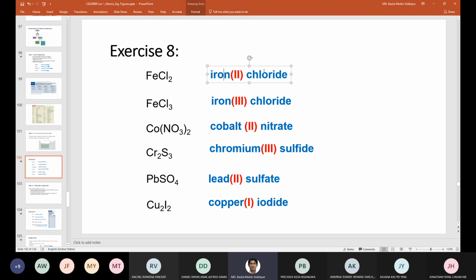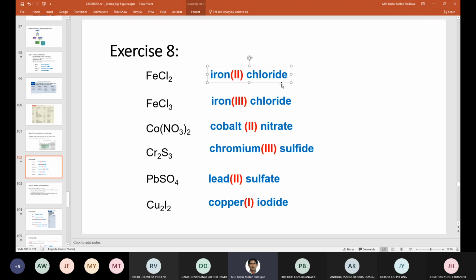And what is the purpose of showing these 2 and 3? Because they have totally different characteristics or chemical properties. Iron 2 and iron 3 chloride have different chemical properties, and that is why it is very important to show their oxidation state. Cobalt nitrate.